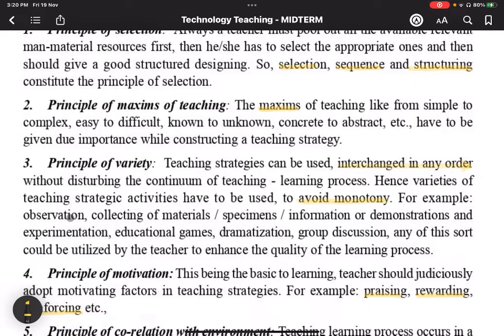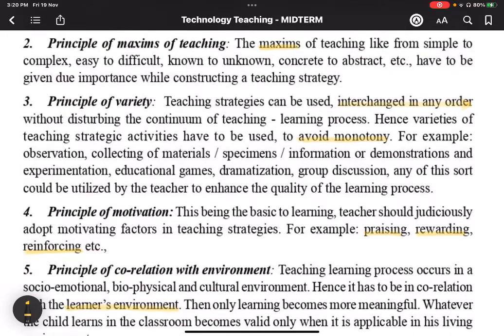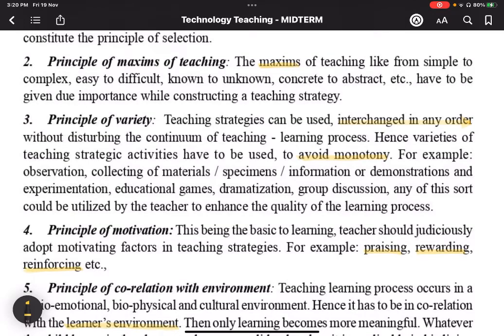The next day, collecting of materials, information, demonstration, experimentation. The next day, magbibigay ka ng educational games or gagawin mo naman the next day, dramatization. Yan. The teacher, no, chooses from these options subjectively. So, meaning personally. Choice na niya yung preference na ng teacher yan. Just to avoid the monotony, no, in teaching.